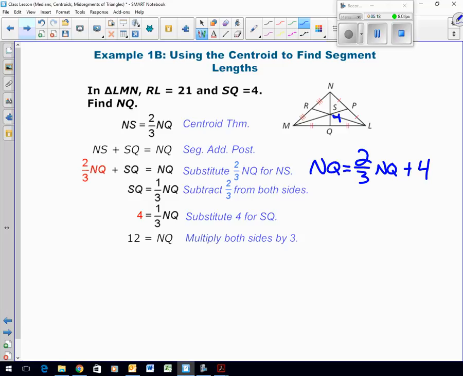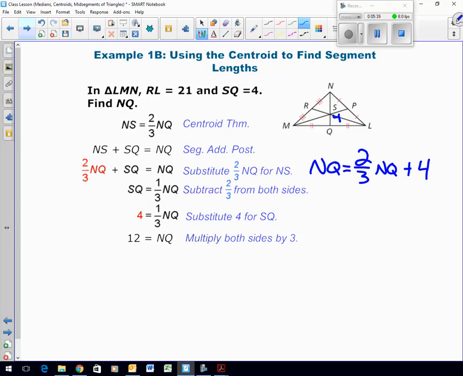Again, I take the distance from N to S, which is just 2/3 the total distance N to Q, and add it to S to Q, which is the remaining part of N to Q. And I would get my total distance.